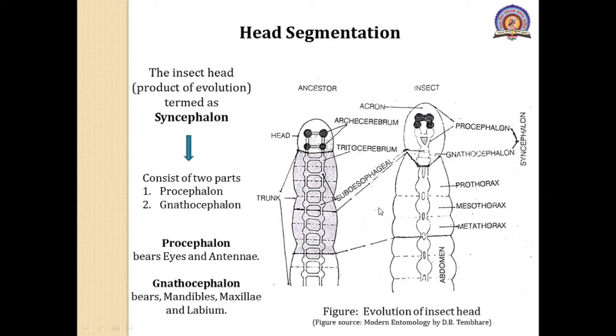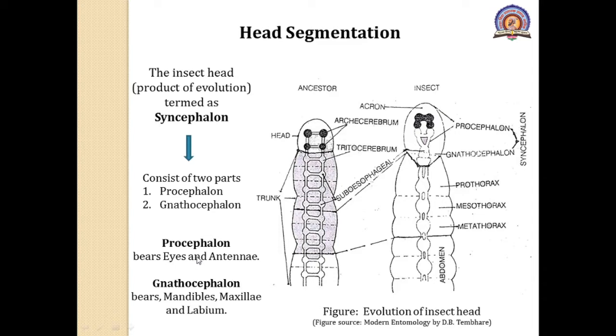Further, this syncephalon consists of two parts. Anterior is known as the procephalon and the posterior one is referred to as the gnathocephalon. In this way, the insect head is composed of the syncephalon, which is further categorized as the procephalon and the gnathocephalon. Now the procephalon represents the preoral region of the head.